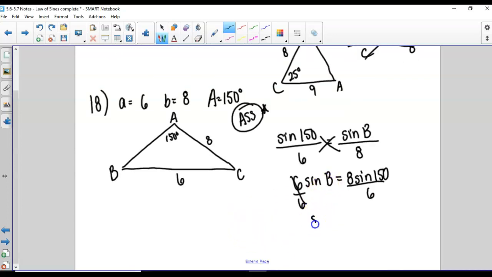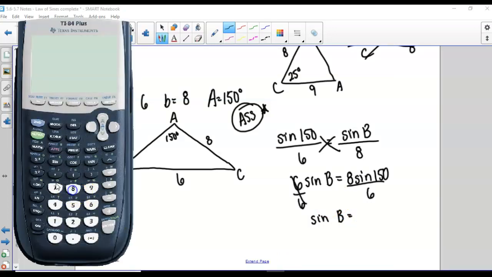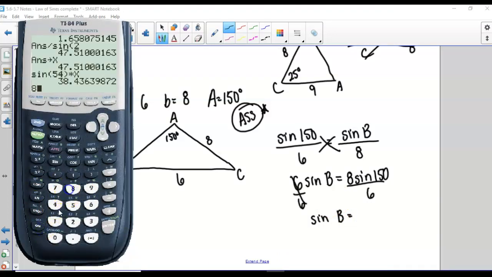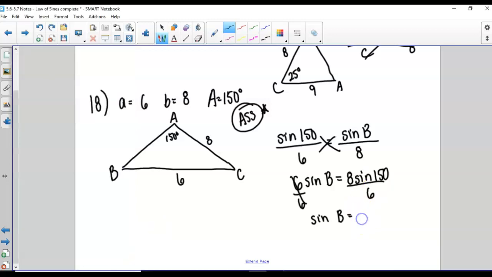So I would get sine of B equals, let's do that in the calculator, 8 sine 150 divided by 6. So I get, hold on.